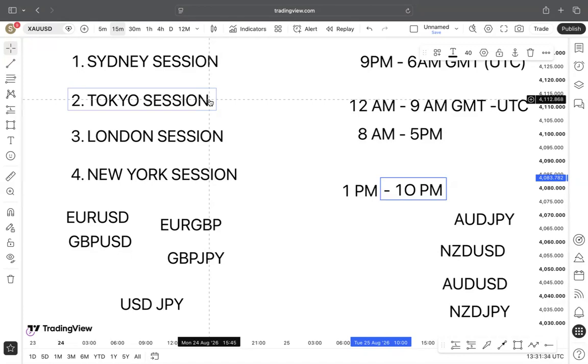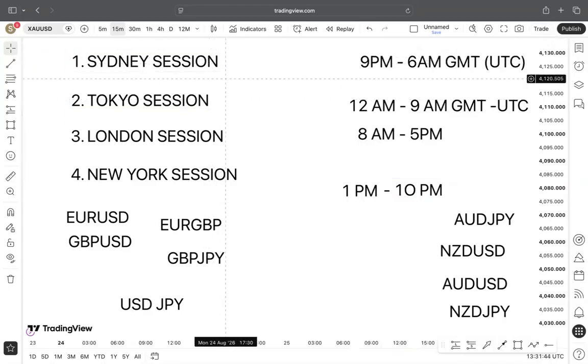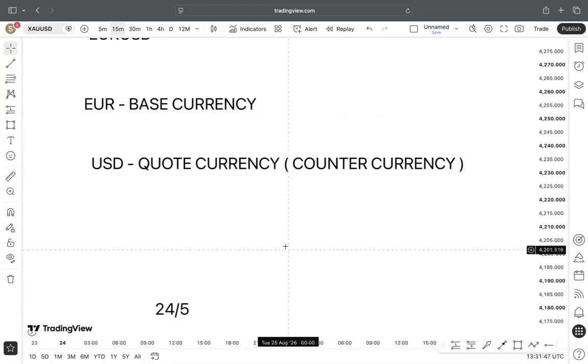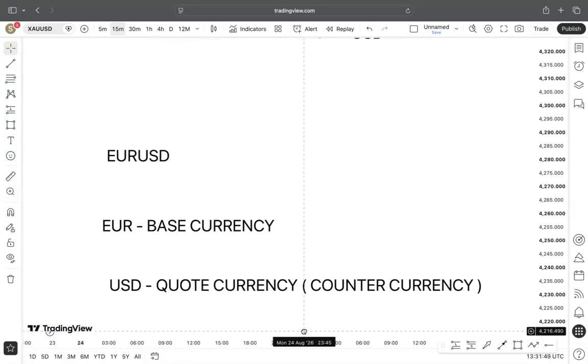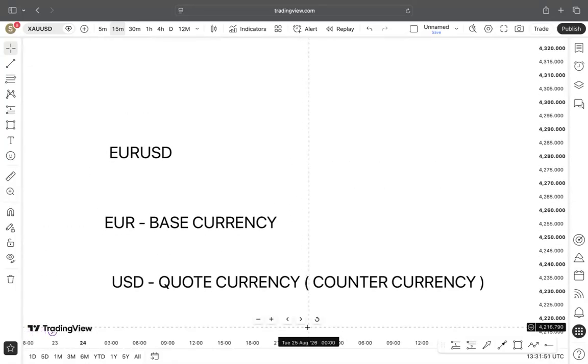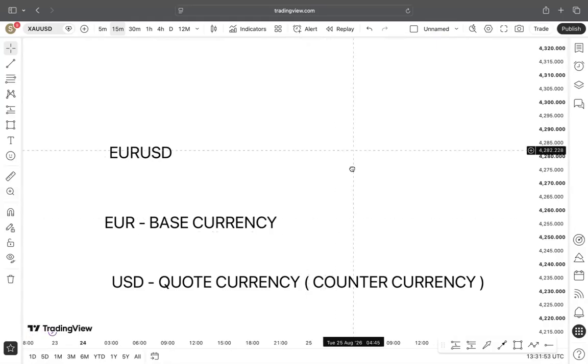Okay, so let me do a recap. I started by defining forex, and I said the word forex is an abbreviation of foreign exchange, foreign and then X, which means what? Exchange. And I defined forex as simply an exchange of two currencies, one against the other.